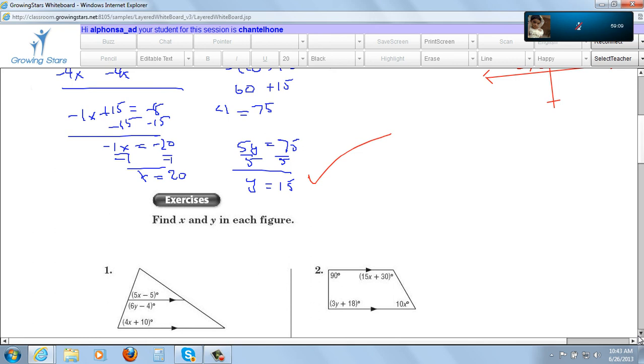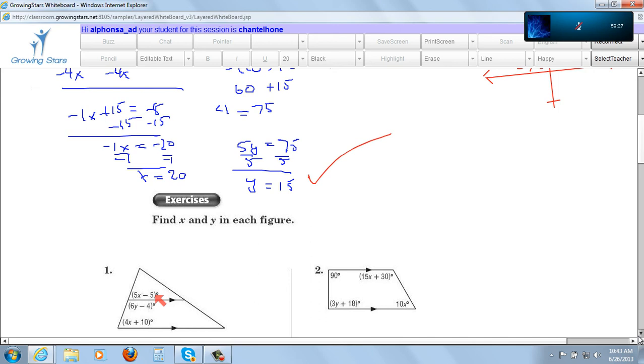Now can you try to find this one? Let us try this. Since these two are corresponding, it'd be 5x minus 5 equals 4x plus 10.